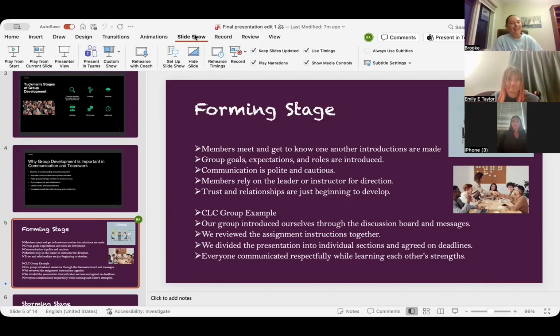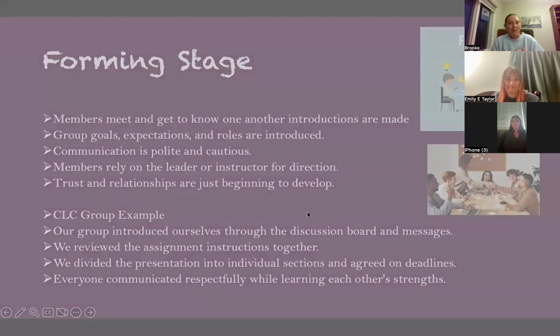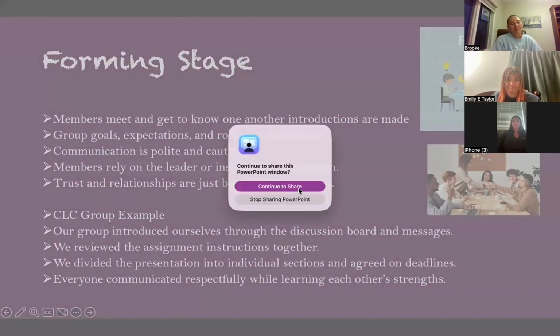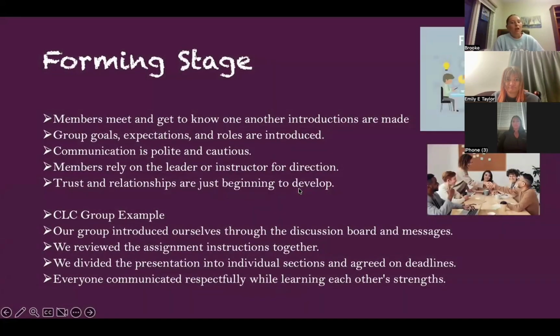Communication is bleak and people are mostly polite and cautious in this stage, and members really rely on the instructor for direction in next steps to take. Relationships are just getting started, so they have to develop.